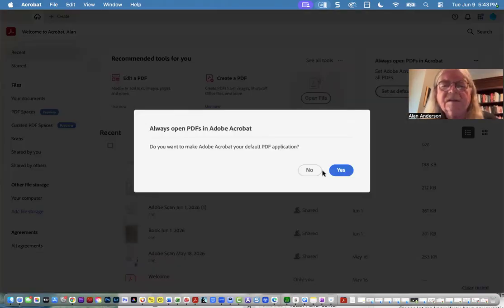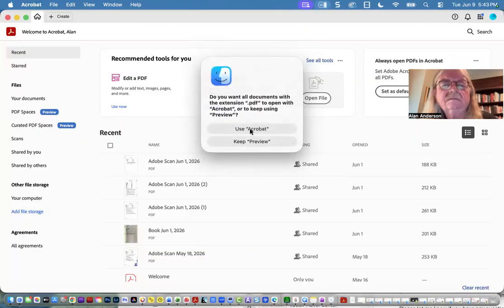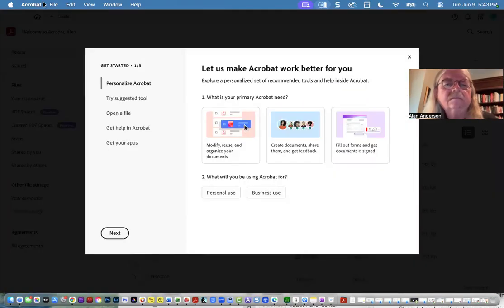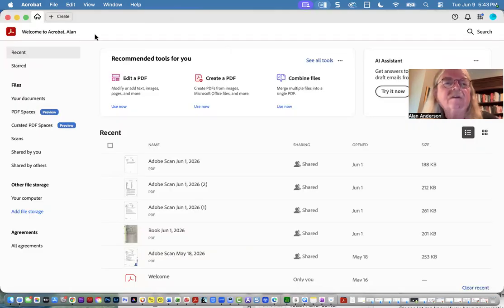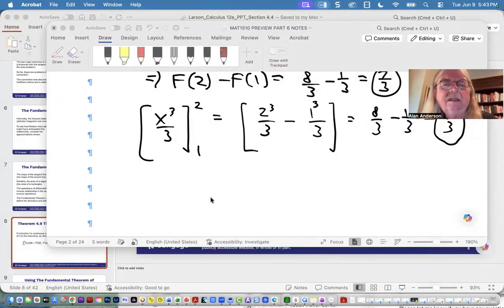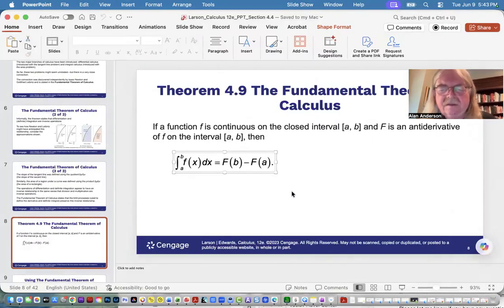What is going on here? All right, I'll deal with this later. This is a new computer. That's why this is happening. All right, let's get back to it.